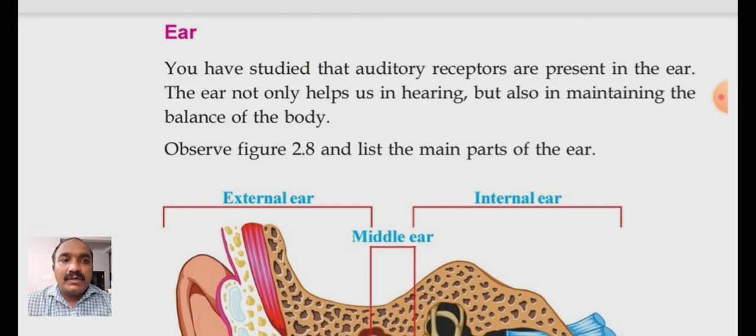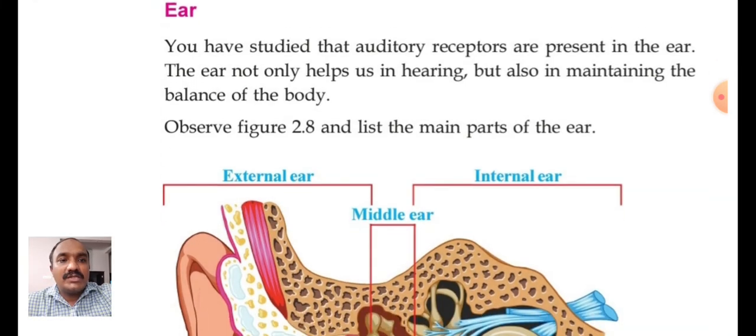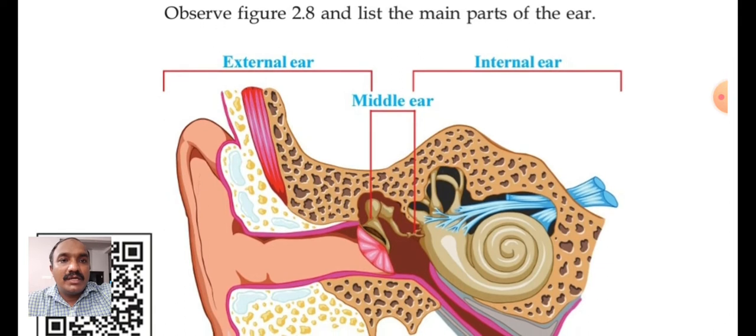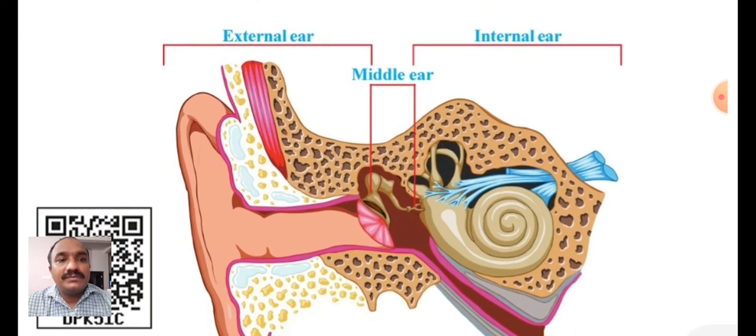For the ease of our study, the ear can be classified into three major parts. You can see on the screen, they are the external ear, middle ear and internal ear. These are the three parts of what?